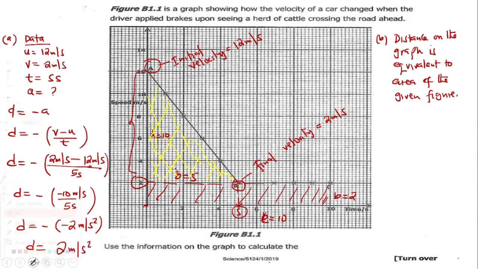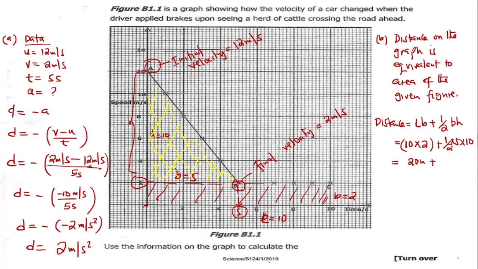So how do we do that? We shall say that the distance is equal to LB plus half BH. Our length is 10 multiplied by 2, plus on the triangle, half, the base is 5 and the height is 10. So 10 multiplied by 2, we're going to have 20 meters.